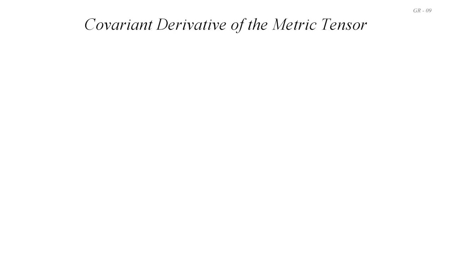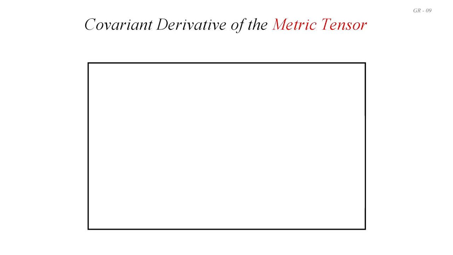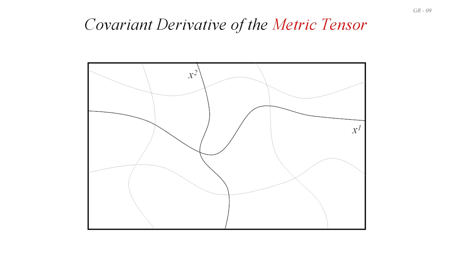It may surprise you to hear that the covariant derivative of the metric tensor is always 0, and I mean any metric tensor. Take as an example this 2-dimensional space, flat or otherwise, and suppose it's being measured using these curvilinear coordinates.